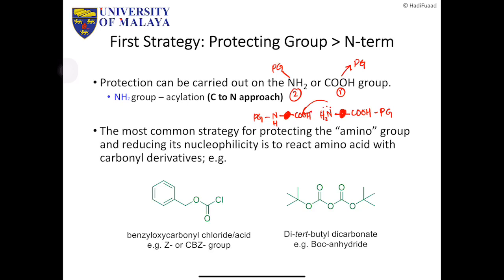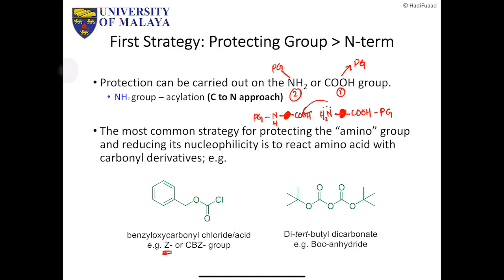All right, so NH2 protecting groups via acylation. The most common strategy for protecting the amino group and reducing its nucleophilicity is to react the amino acid with carbonyl derivatives. For example, you can use benzyloxycarbonyl chloride or butyl dicarbonate.